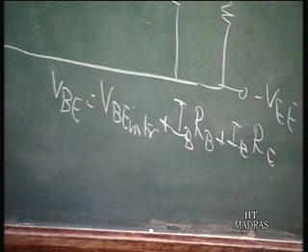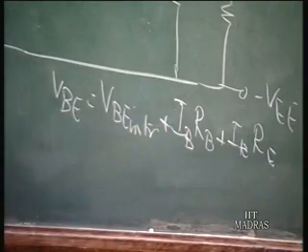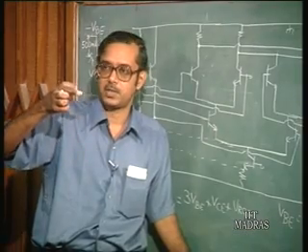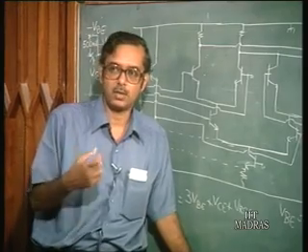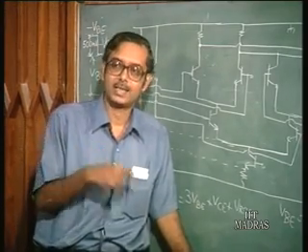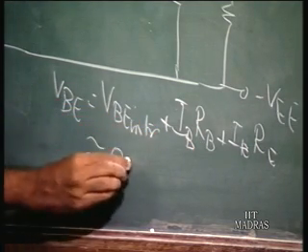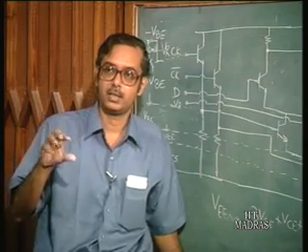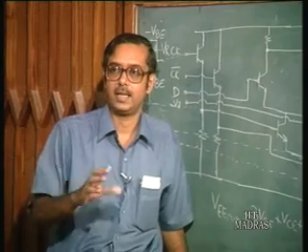Now, for a small size device the resistances are usually large, because the resistance depends on the cross sectional area. If you have a smaller size device, you have a larger resistance. So, if you talk of very high speed devices, the extrinsic resistances are quite large. And so, this value VBE may be as large as 0.9 volts. It is not that the 0.9 volts is dropped across the PN junction, but a large part is dropped across the parasitic base and emitter resistances.